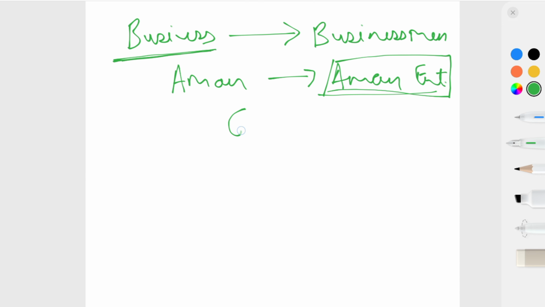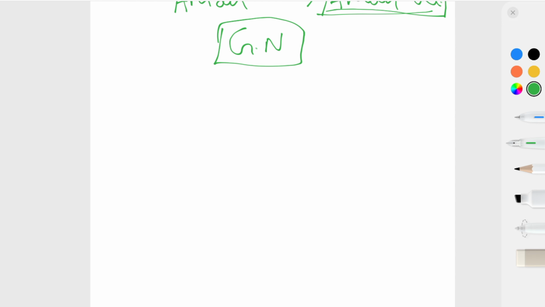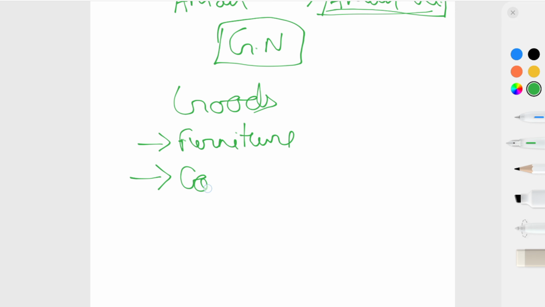Now we'll take an example of a general store, and see what all things are present in a general store, right? In a general store, as we enter, we see goods kept on the racks or shelves. Those shelves are known as furniture, right? We can see a computer where billing is done. We can see an AC.